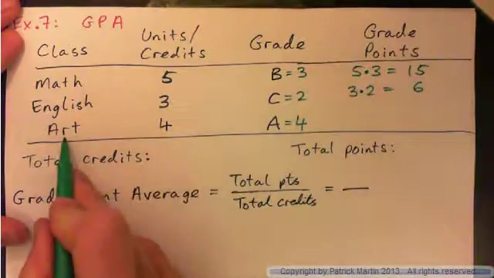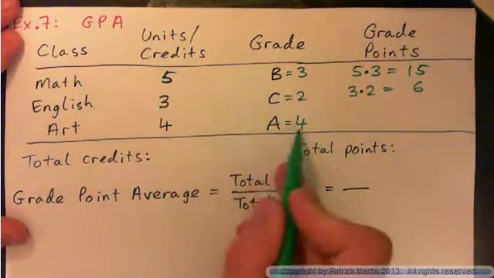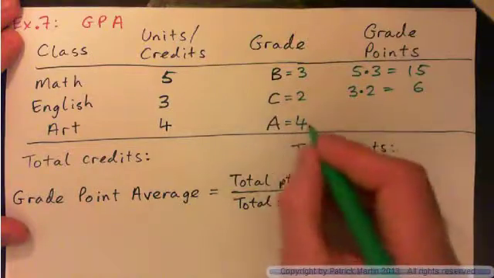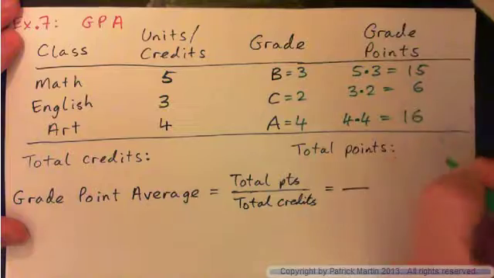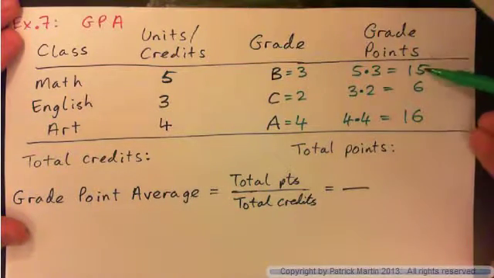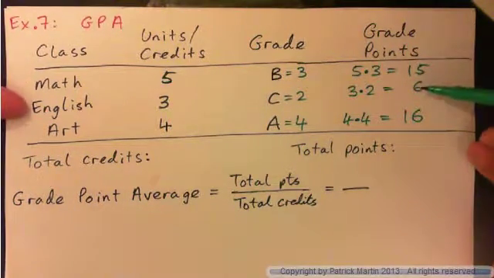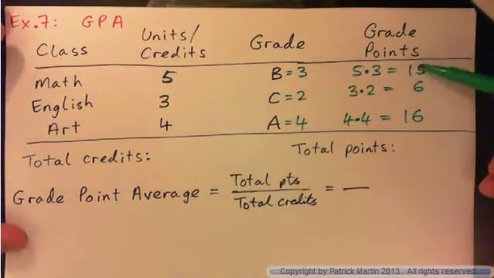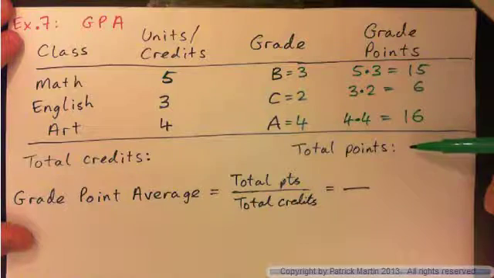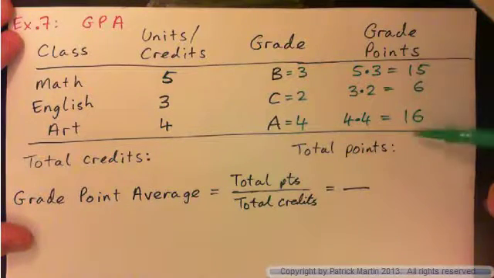The grade points from art, which is worth 4 credits, with a grade of A, so 4 points per credit, is 4 times 4, 16 points. So in all you got 15 points from math, 6 points from English, and 16 points from art. If you add all these up, you get your total amount of points. Okay, so add them all up, see what you get.